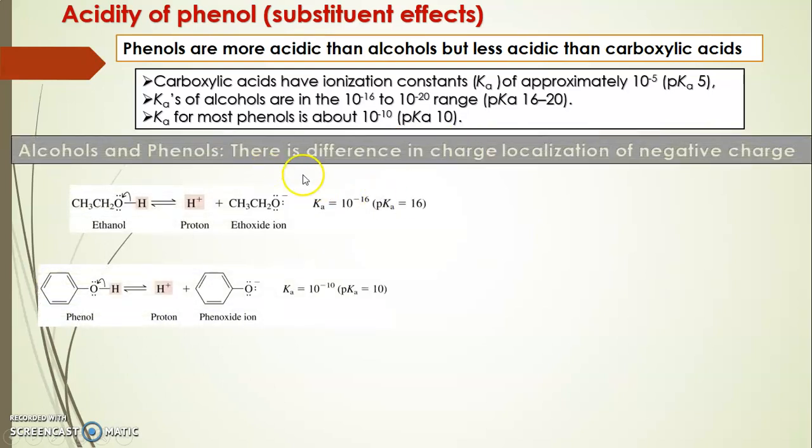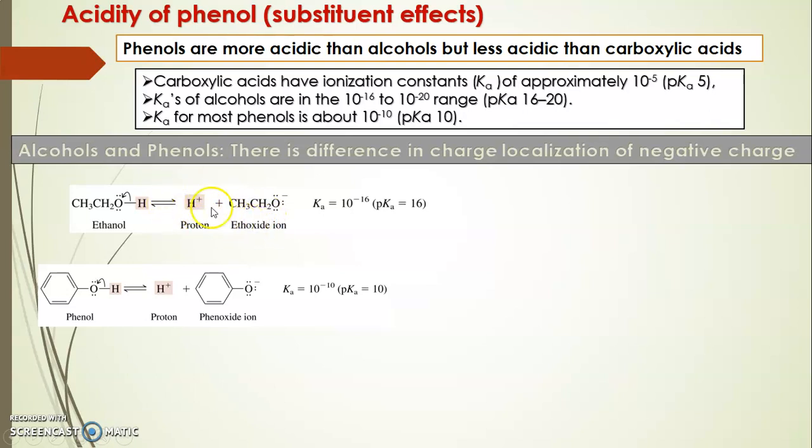Between alcohols and phenol, there is a difference in charge localization of the negative charge. Usually when you put ethanol or phenol, any alcohol, in an acid, it dissociates and furnishes H plus. So the more H plus ions produced, the more acidic it will be.